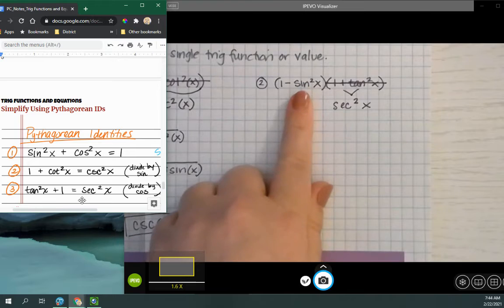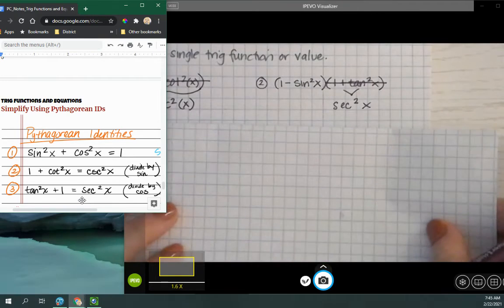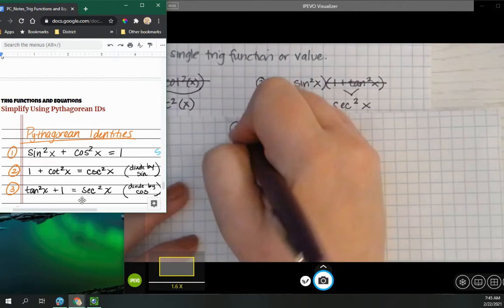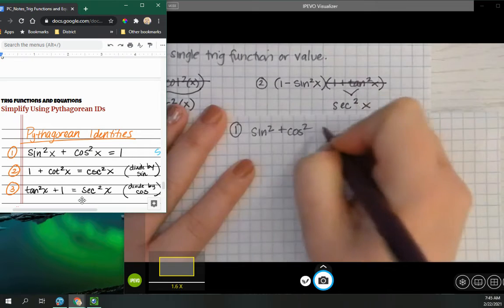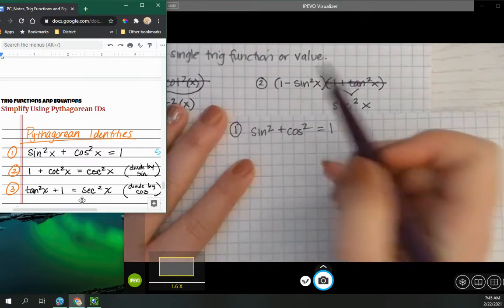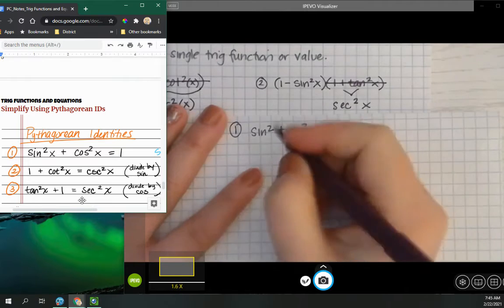Now let's take a deeper dive into the 1 minus sine. So the original formula for number 1 is sine squared plus cosine squared is equal to 1. But they have a 1 minus sine squared. So let's take that sine squared and move it to the other side.